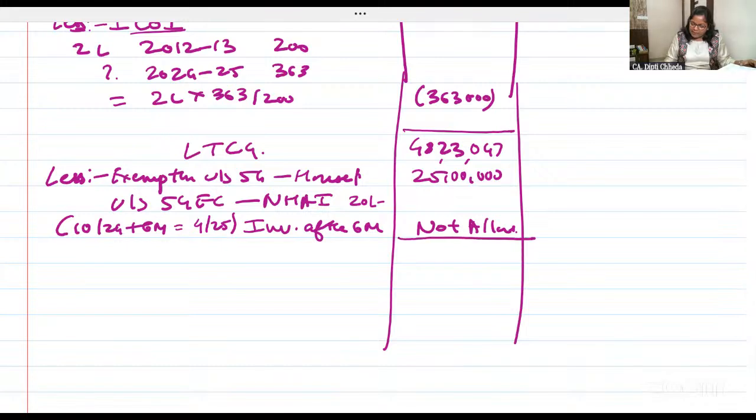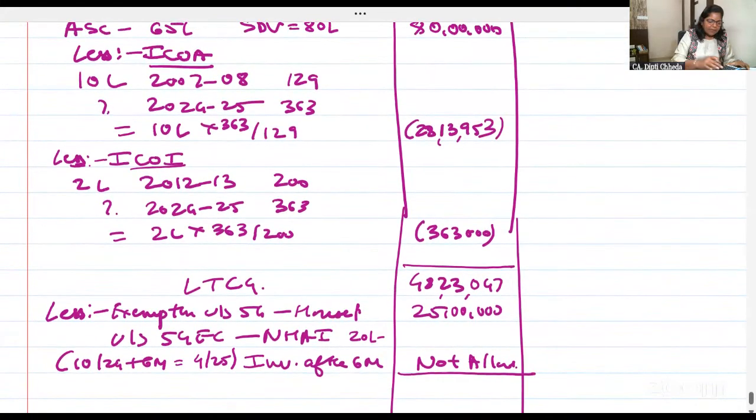So now what is the capital gain? 48,23,047, correct है ना? ये एक बार फिर से देखो कैलकुलेशन.